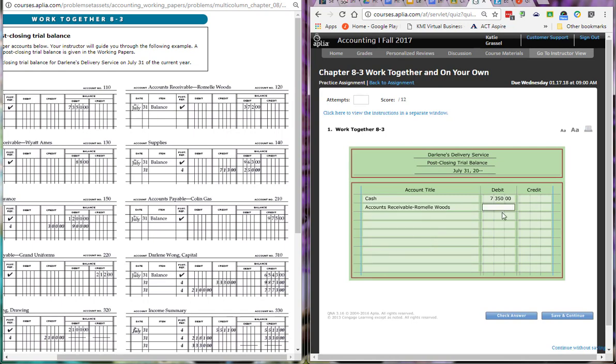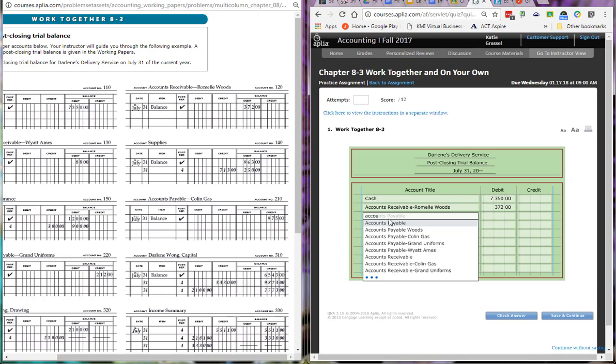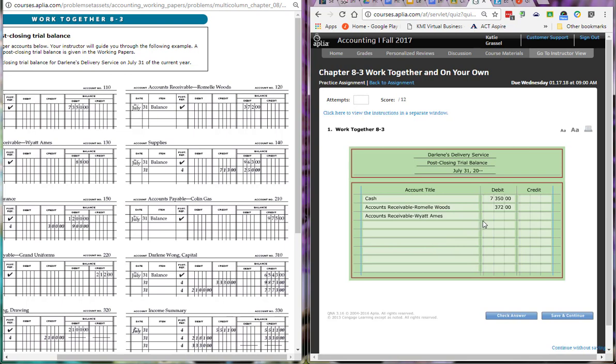Accounts receivable Romel Woods has a debit balance of $372. And then I have accounts receivable Wyatt Ames. Accounts receivable Wyatt Ames has a debit balance of $88.